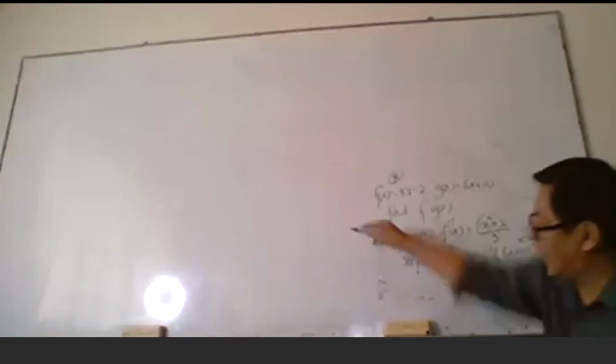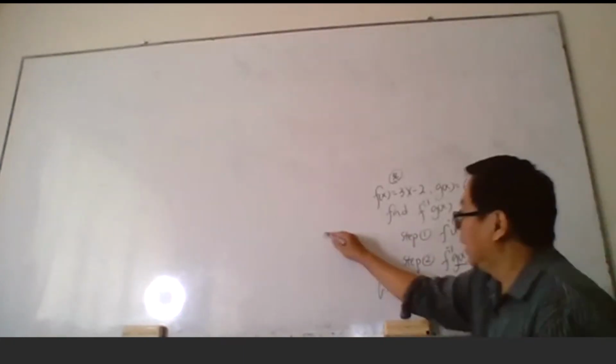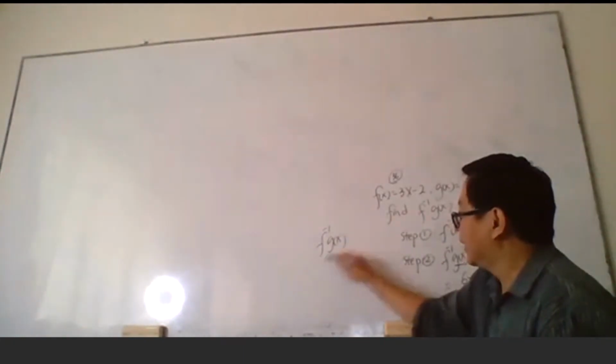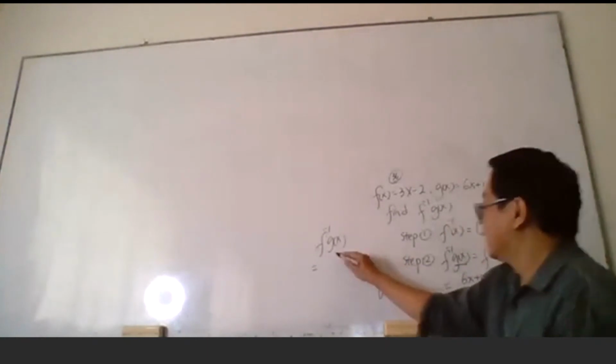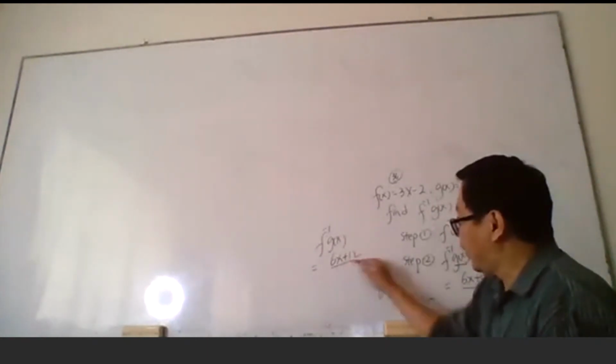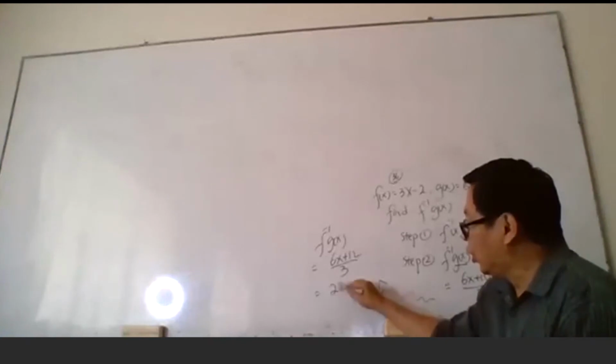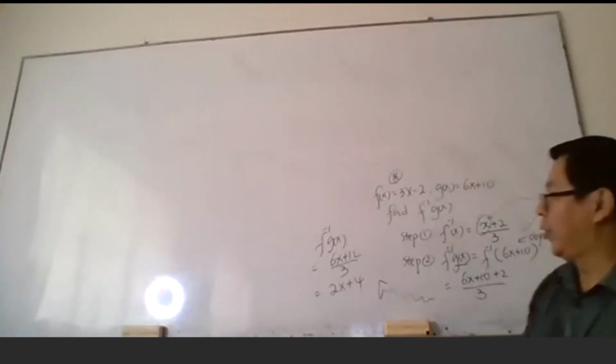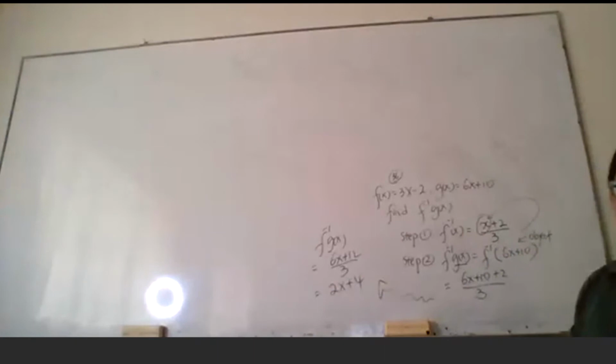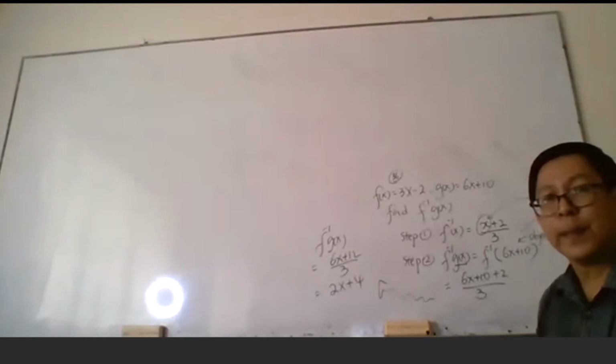So I will write the answer here: my f inverse g(x) becomes 6x plus 12 over 3, and the answer comes to 2x plus 4. So you get my point.